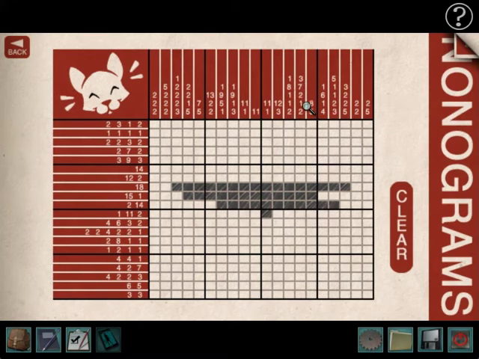10, 12, 13, 15, 16, 17, 18, 19. Ooh, that one just has a space of 1. The thing is, this is part of the 7, though. So it could be the end right there, maybe? Two, one. Yeah, okay, so we have to fill in at least some of these.